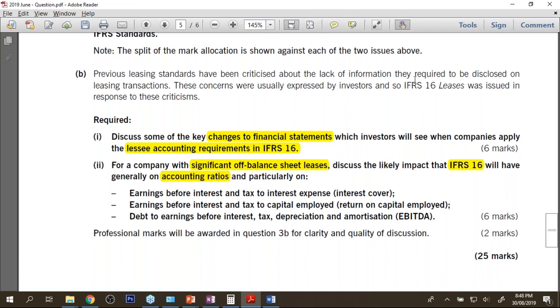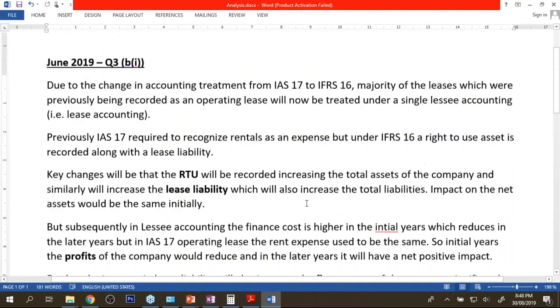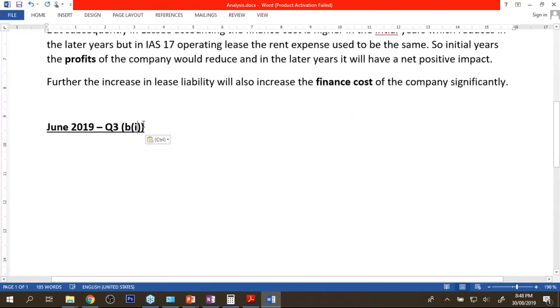It says generally, and particularly on earnings before interest and tax, interest expense, which means its impact on the interest cover, its impact on the return on capital employed, and its impact on the EBITDA, earnings before interest, tax, depreciation, and amortization. So we have 6 marks for this. So can you tell me what will be the impact on the interest cover?